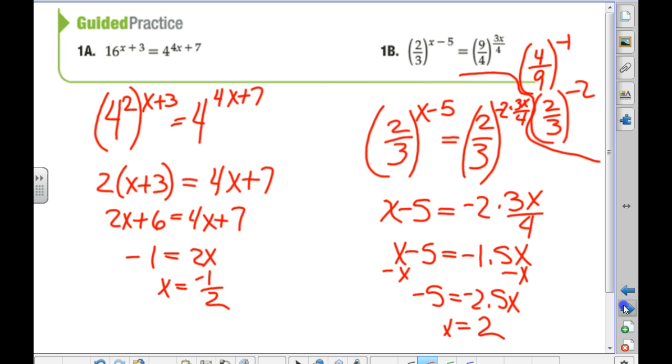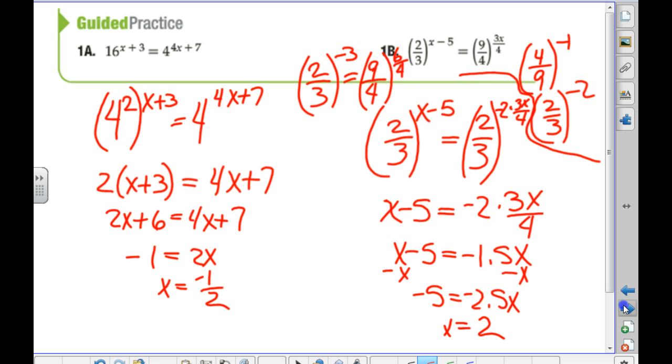If I put in a 2, I get 2/3 to the negative 3 equals 9/4 to the 6/4 when I put in a 2. What's 6/4? Did I do something wrong? Is this checking or not? Why is it the 1.5 with the x?